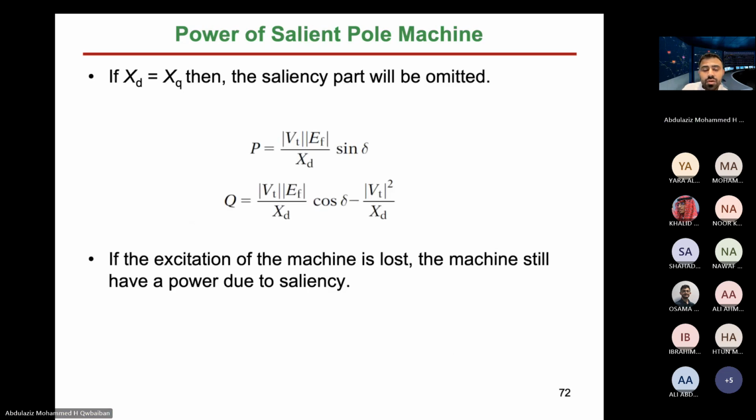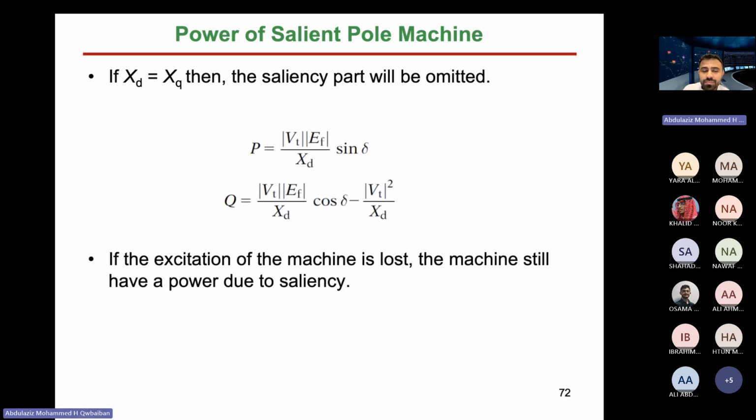So, can you see the screen? XD and XQ, when they are equal, as for the round rotor, right? Then we will have the old school equations. XD equal to XQ, the saliency part will be omitted, and XD is XS now.